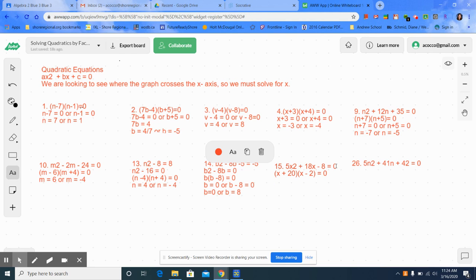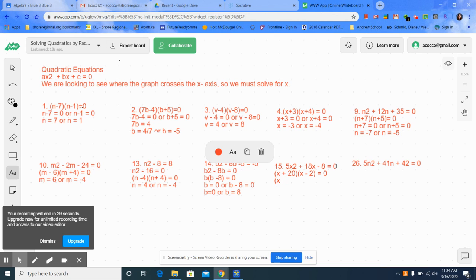When we divide by 5, the leading coefficient, we get x plus 4 and x minus 2/5. So we slide and make it 5x minus 2 equals 0. Solve both parts. x equals negative 4 or x equals 2/5.